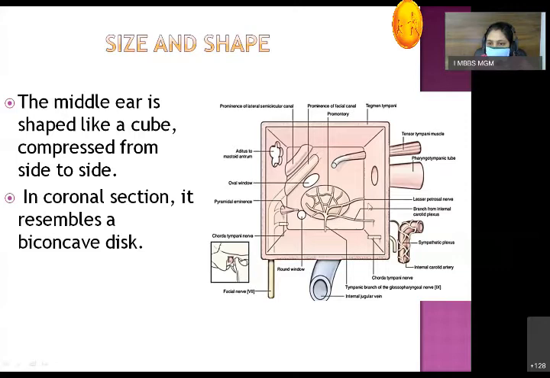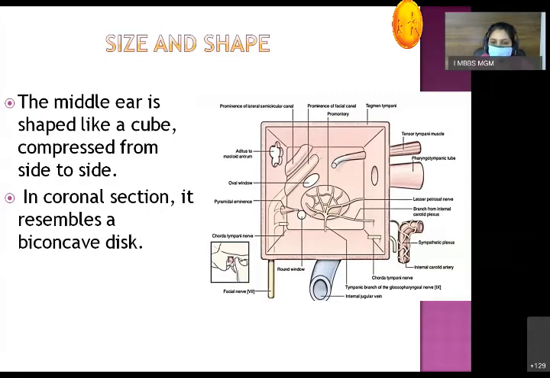The anterior wall will communicate through the pharyngotympanic tube, or the auditory tube, to the nasopharynx. So this is the anterior communication.